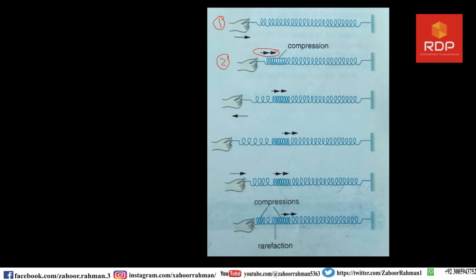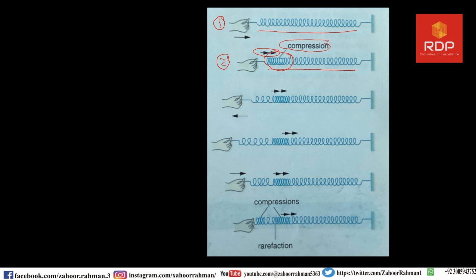When you are pushing, you can observe here there is no compression and no rarefaction, but in this particular area you can see that when you are pushing the slinky in the forward direction, you are observing a very dense area of that spring, and that area is called compression.